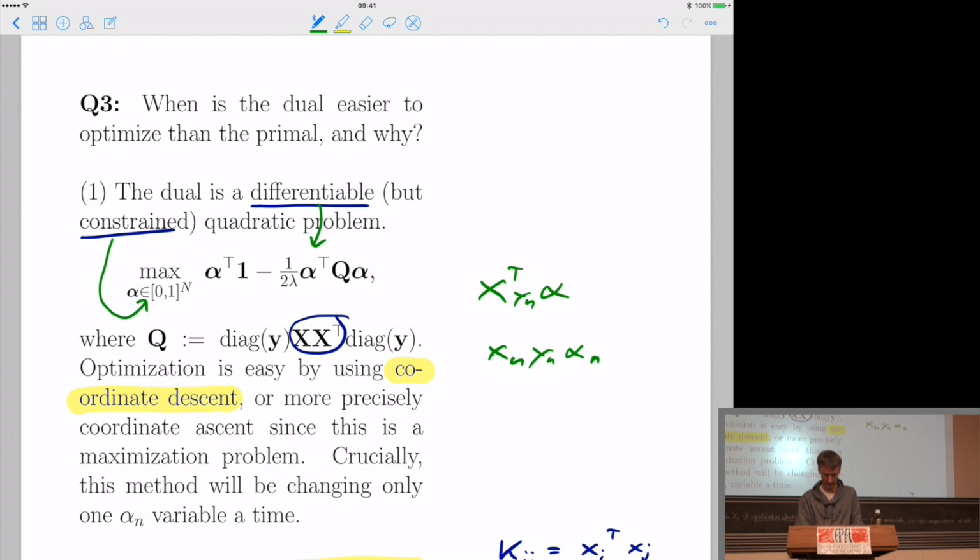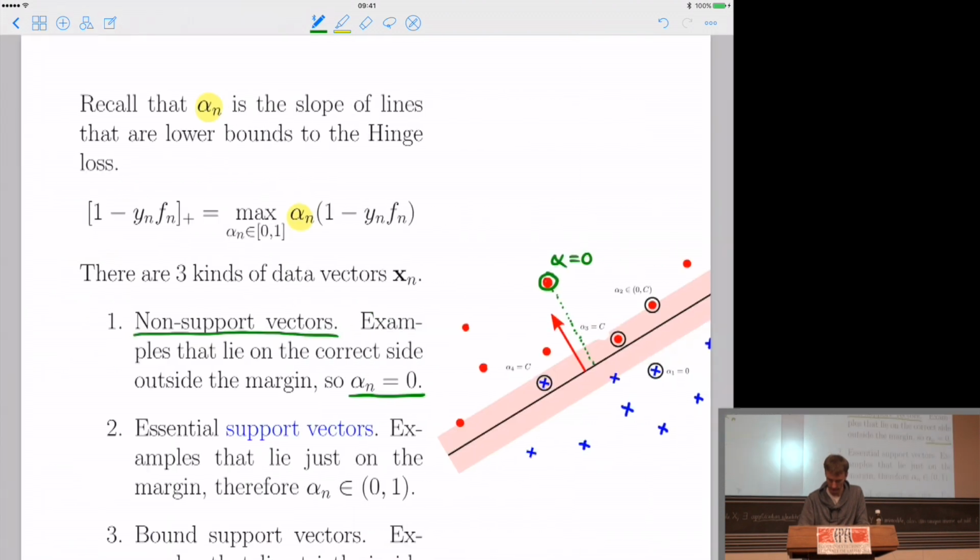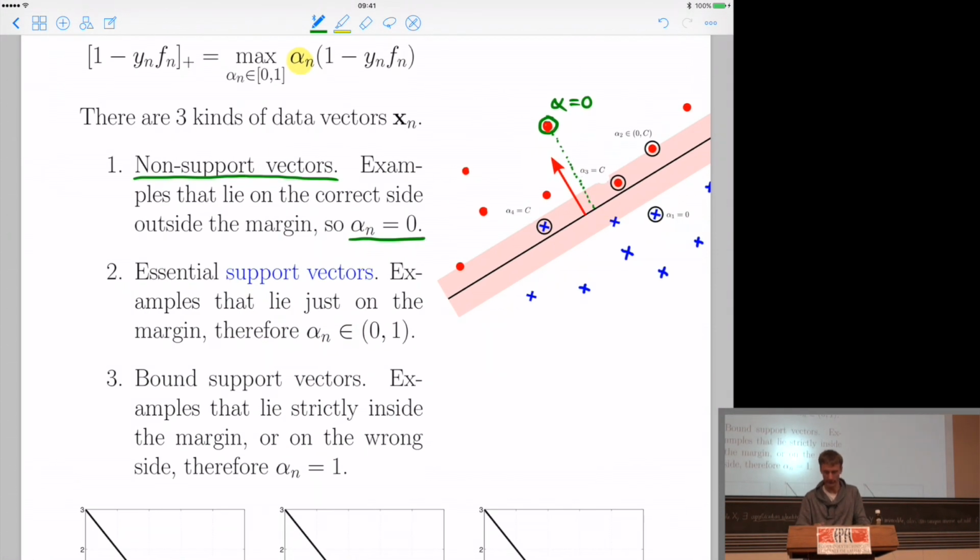So if alpha_n is 0, they just disappear. The points have no contribution, and you could just remove them from the problem. So you would not even need them for training. The problem is you don't know this at the beginning; you don't know that at the solution they're going to have this nice property. So that's the non-support vectors.